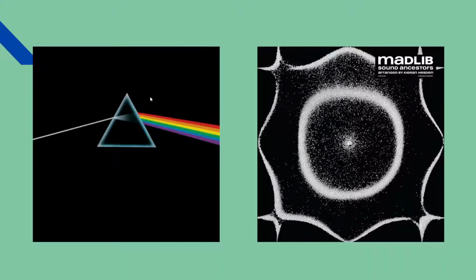So for instance, in the album on the left, we have a bunch of negative space and a very heavy emphasis on line and shape in triangle, and then the white ray of light that then becomes scattered through the prism forms the rainbow. Then on the right hand side, we have an album that is very much warpy and flowy in its cover design and is made up of nothing but a bunch of tiny itty bitty little dots.